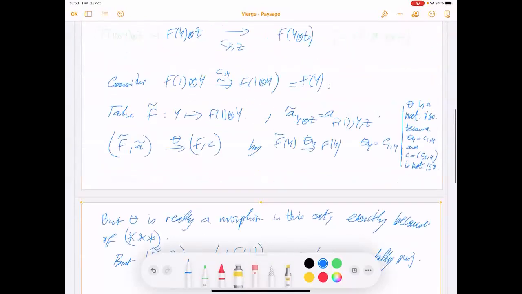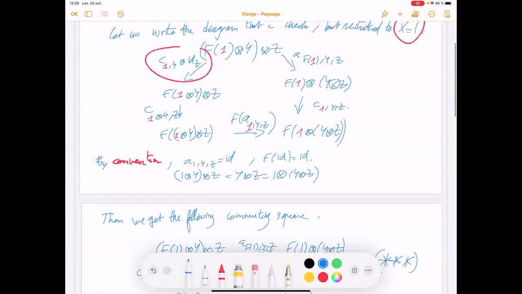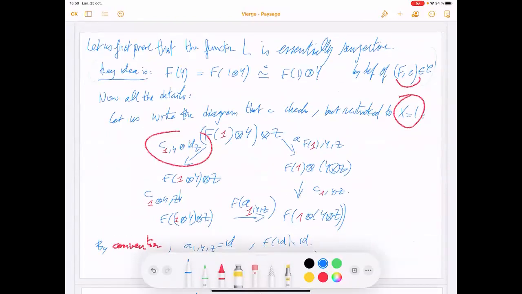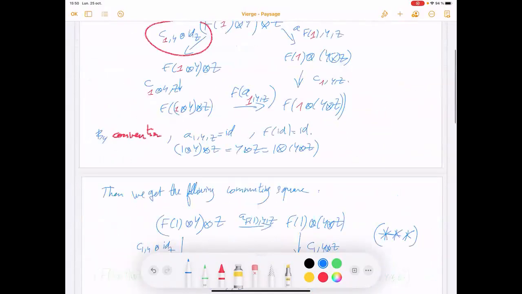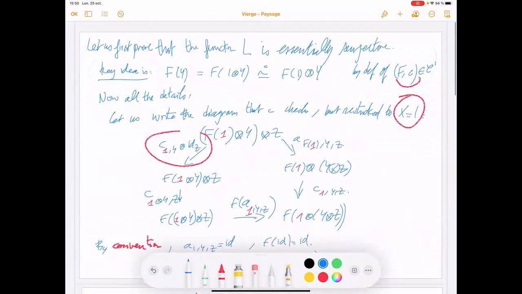So let's go through what I wrote. We wanted to make L essentially surjective.